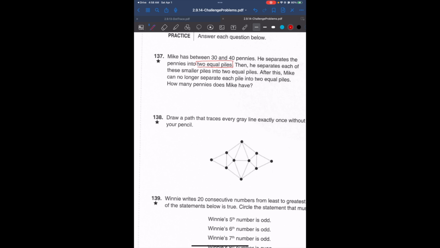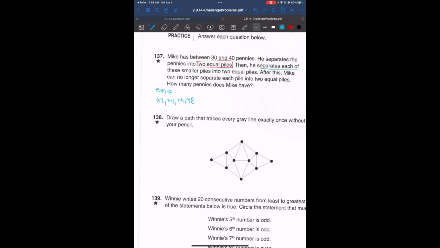So we know that initially he had an even number of pennies. And so the possibility would be 32, 34, 36, or 38. So if it was 32, each group would have 16. If it was 34, 17, 36, 18, and 38 would be 19 for each group.